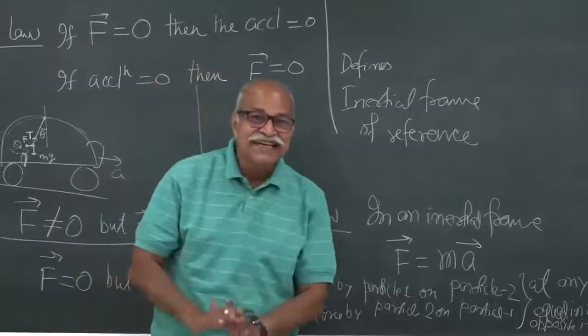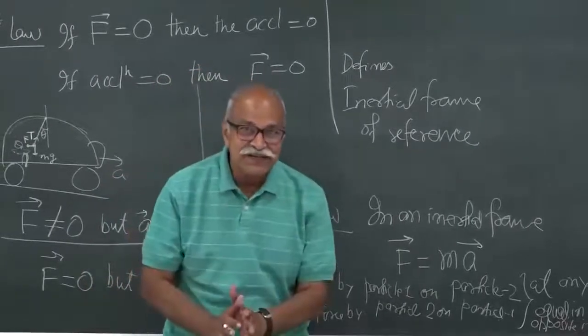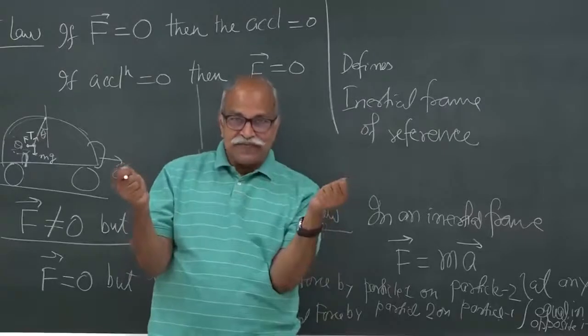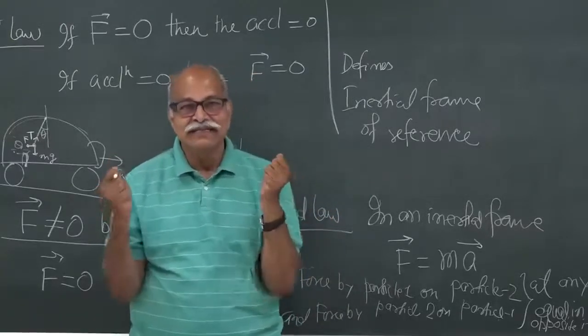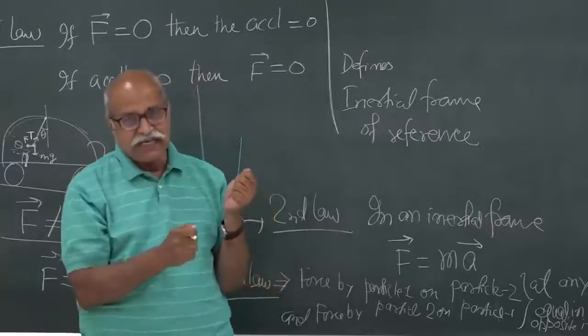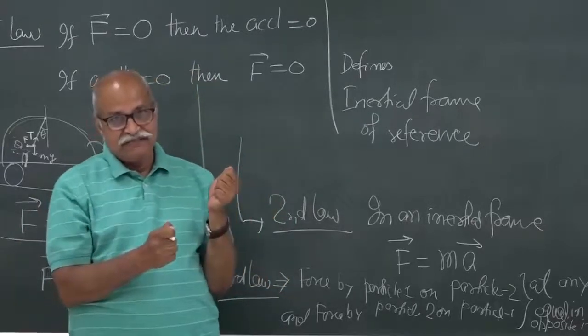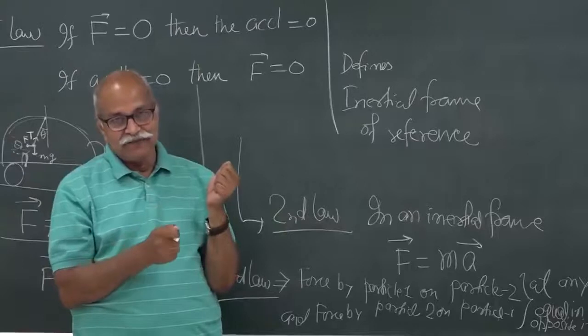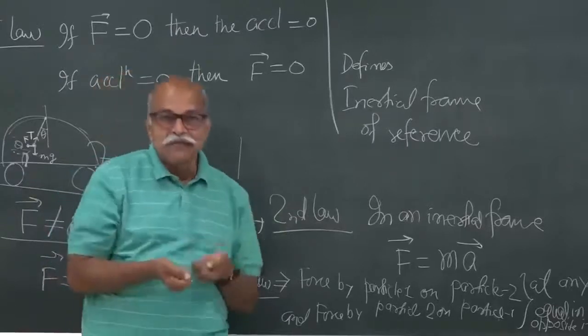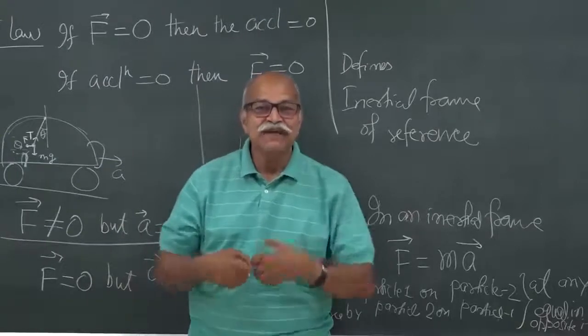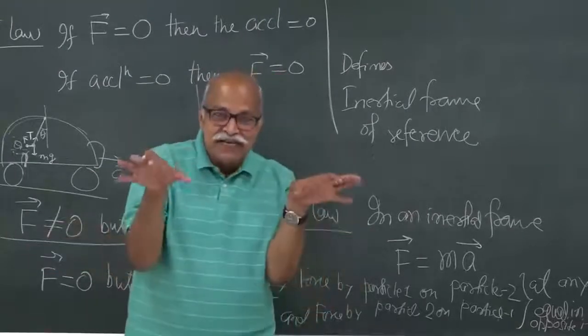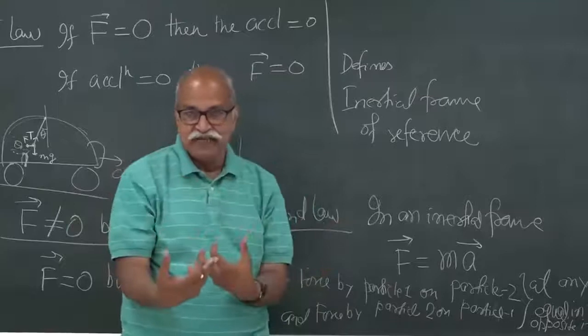So, basically the content of Newton's third law is, if you have two objects and they are exerting forces on each other, remember, for any force you can ask these questions: which object has exerted this force, on which object this force is exerted, what is the magnitude, what is the direction, but basically from where the force is coming.